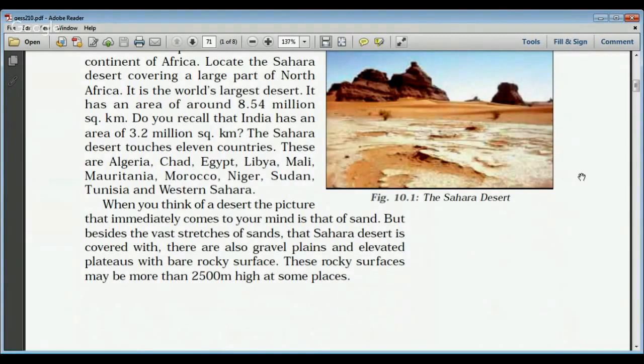But besides the vast stretches of sand, the Sahara Desert is also covered with gravel plains and elevated plateaus with bare rocky surfaces, and these rocky surfaces may be more than 2.5 kilometers high at some places.